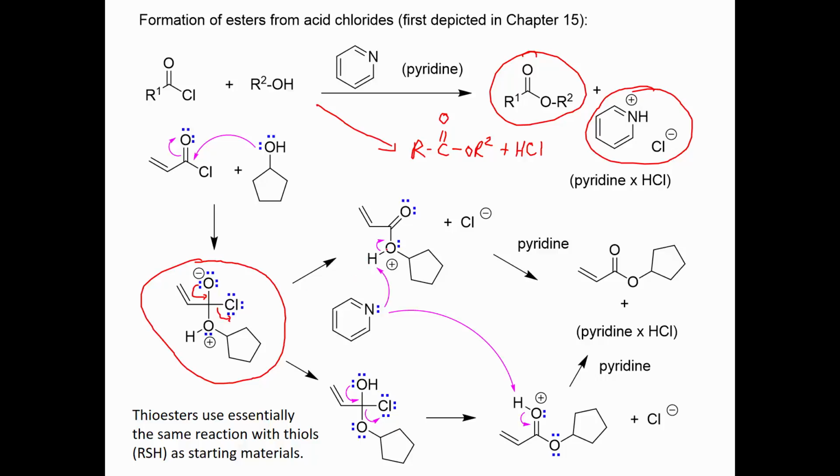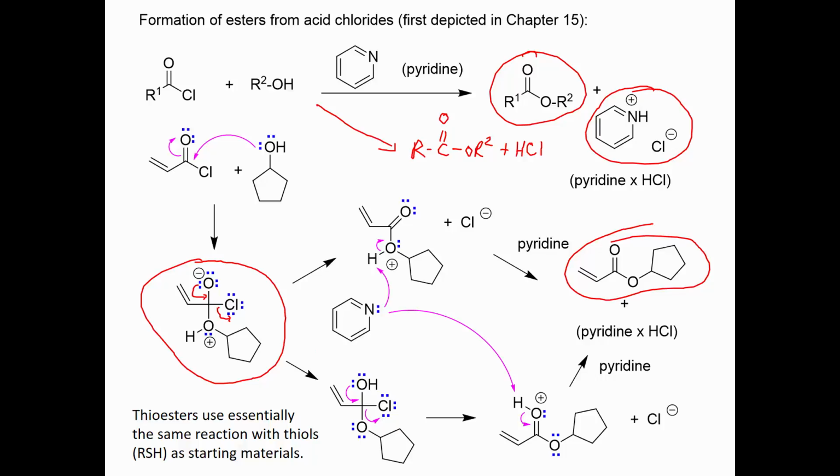This gives me protonated ester, and this is not a very stable compound. This is quite acidic. The pyridine in solution will remove this proton, and we'll get our product and pyridinium hydrochloride. You can see that in this last step, pyridine is reacting with H+ to grab a proton.